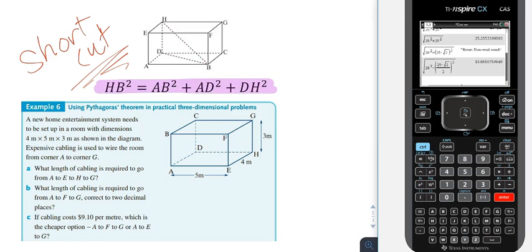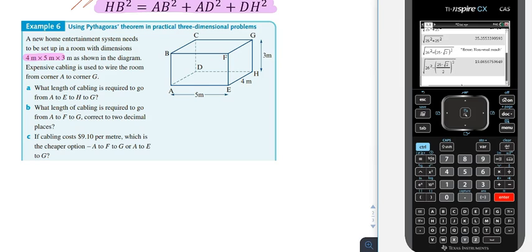Example 6 is just a practical example of 3 dimensions. So we're looking at a room with the dimensions 4 by 5 by 3, and we're trying to run some cabling basically from A to G, which is one diagonal to the other diagonal. Now you wouldn't have cabling going through the middle of a room, so we are going to go along the edges. So A, B and C are looking at these scenarios.